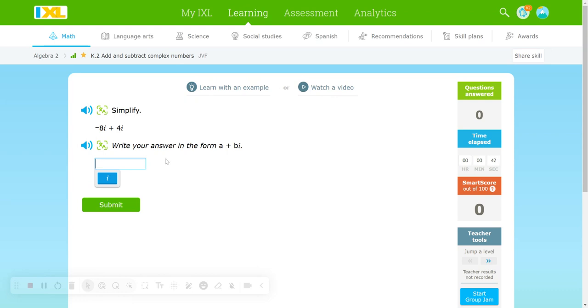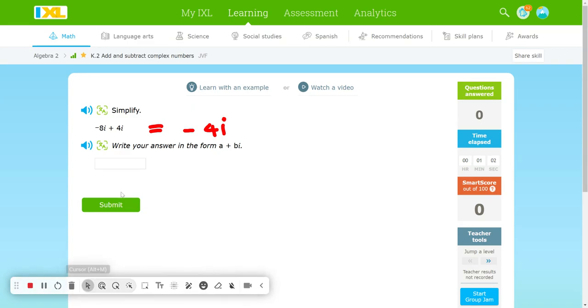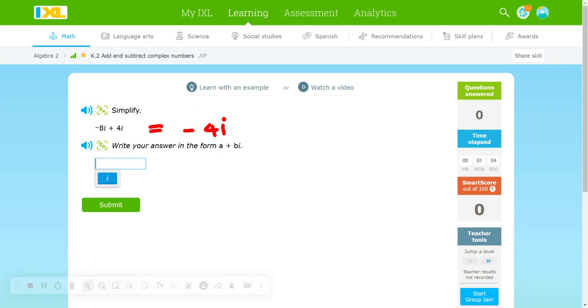Okay, you want to add or subtract complex numbers? So just think of the i like chicken. Subtract a chicken plus 4 chicken, is that negative 4 chicken? Done. Subtract 4i.